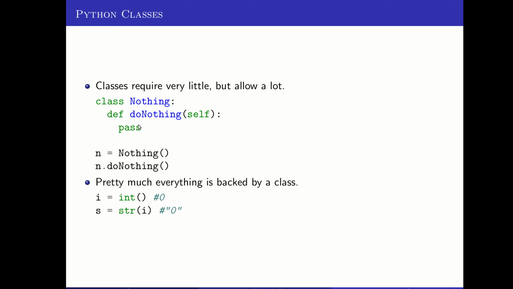So here I've defined a class that does nothing. Not the most exciting or interesting class, but it's very simple to define. Its name is nothing. We define one function that's called do nothing. You'll notice that function takes a special variable called self, which we will get into later, but that's what allows you to call something like n dot do nothing.